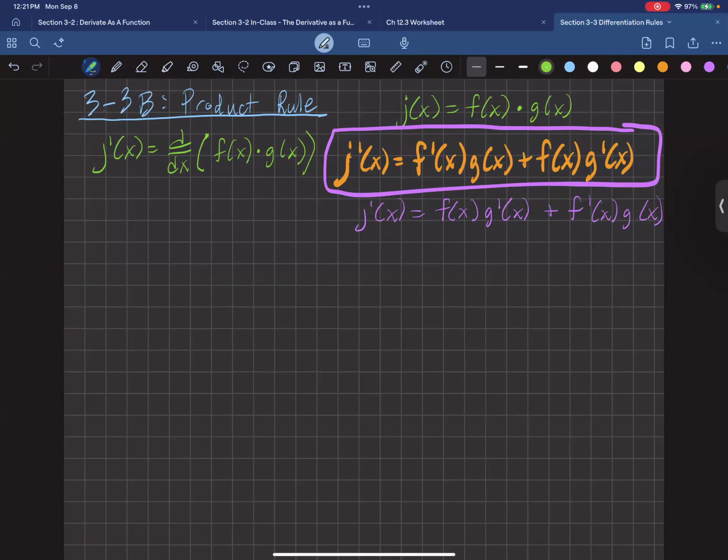So let's do the proof of this. I'm doing the limit as h goes to 0 of J of X plus H minus J of X, because I'm doing this one right here, over H. That is what J prime of X is by definition.